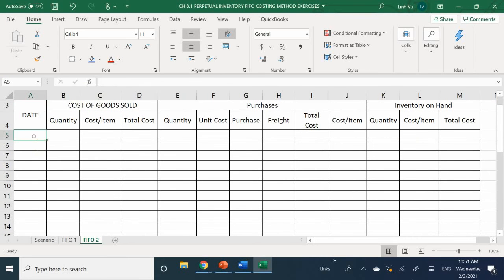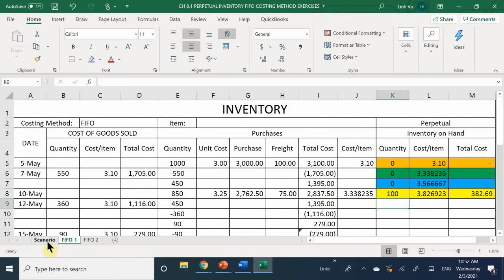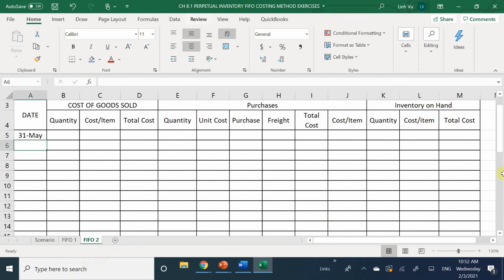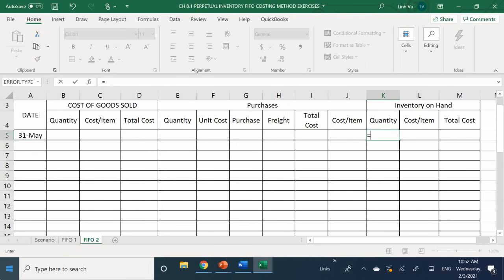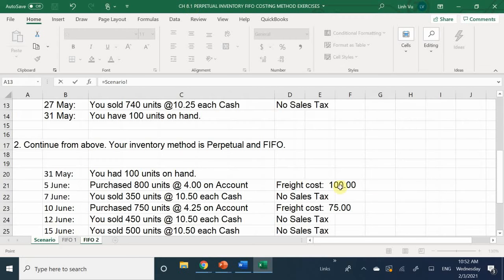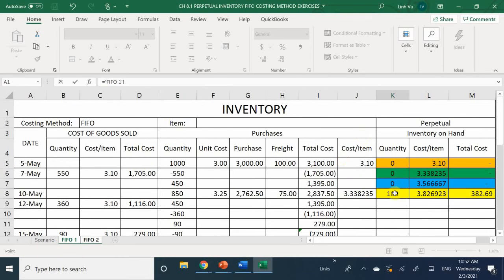I'm going to write the date here as May 31st, and I'm going to transfer everything into my inventory on hand. As I know here, I have 100 items at 8.23. So in my other table, that's exactly what I'm going to be copying over, directly from my previous worksheet.